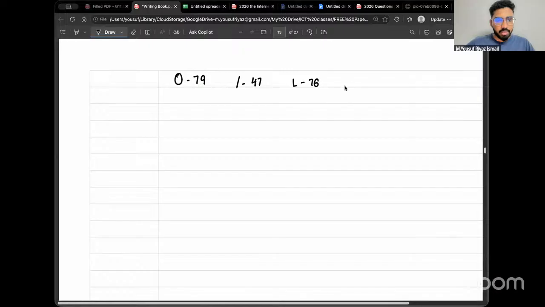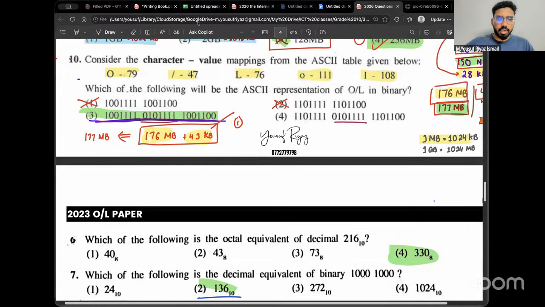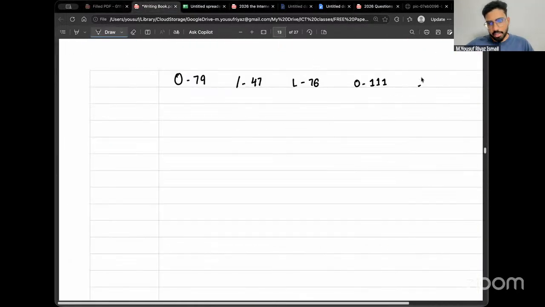Small o is 111, and small l is 108. The question has given the ASCII values for all these characters, and they're asking what the ASCII value is for the word OL.